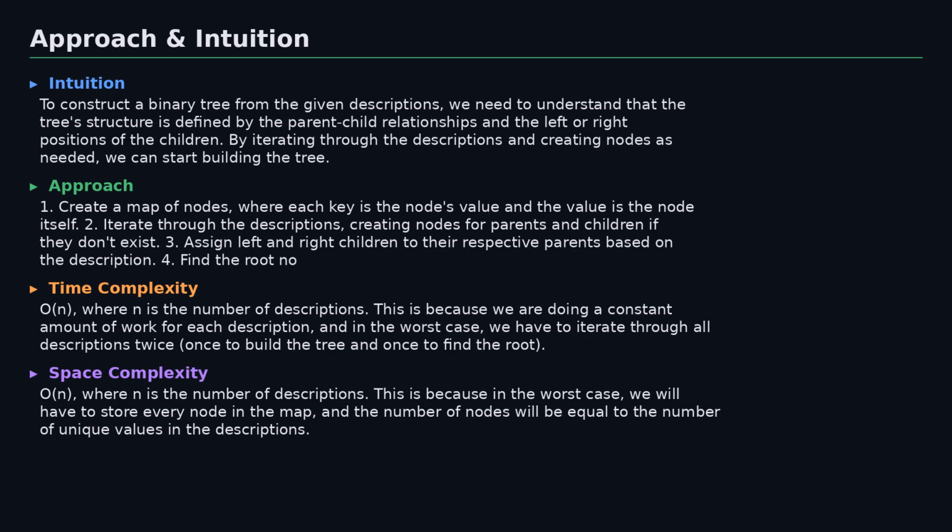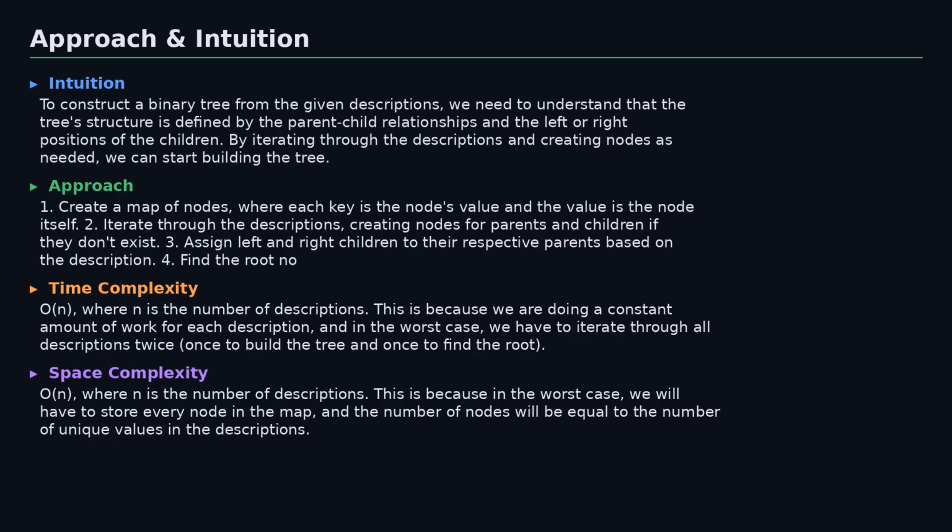So, let's think about how we can use this intuition to construct a binary tree from the descriptions. The first step is to create a map of nodes, where each key is the node's value and the value is the node itself. This map will allow us to keep track of all the nodes we've created so far.